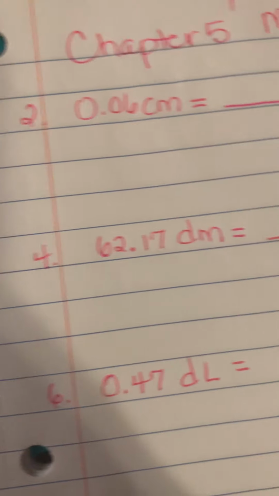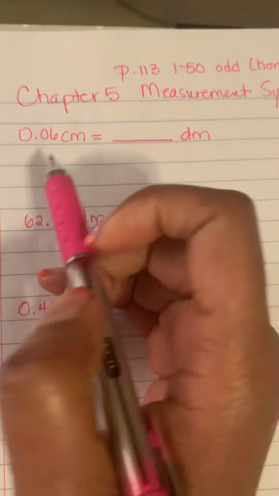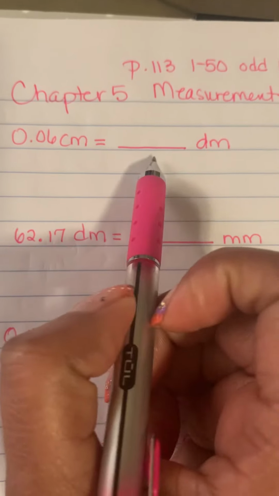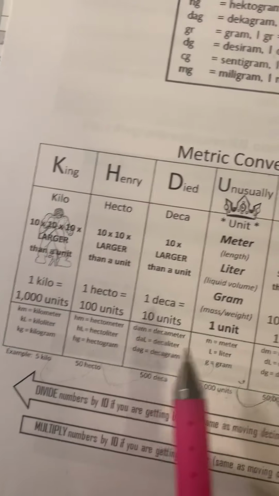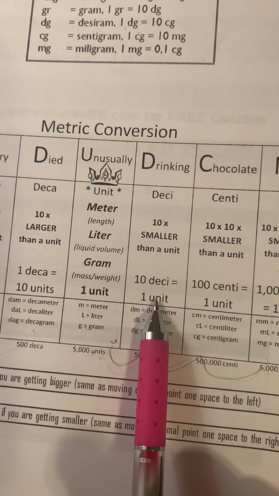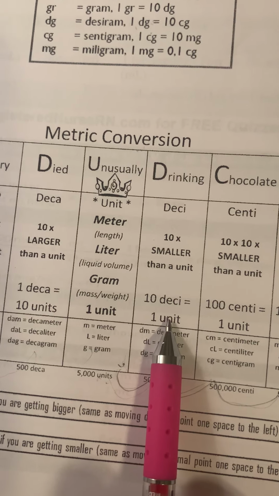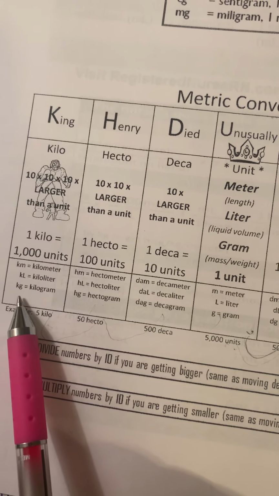All right, so let's start here. Number 2 says 0.06 centimeters equals how many decimeters? We're going to go to the metric conversion. Decimeters will be here, not decameters, but decimeters. Notice they have kilometers, kiloliters, kilograms, all of this.